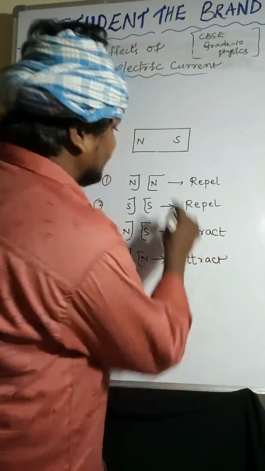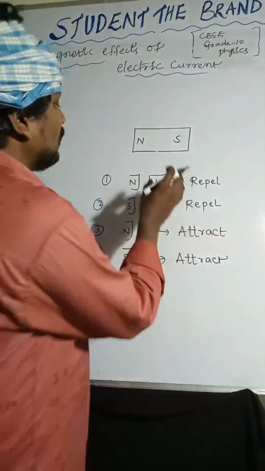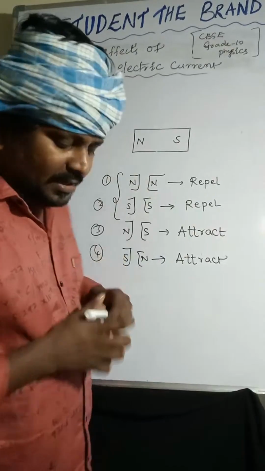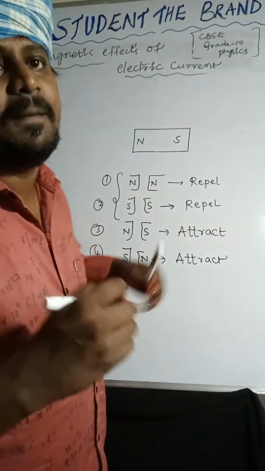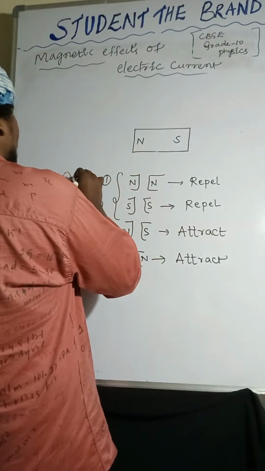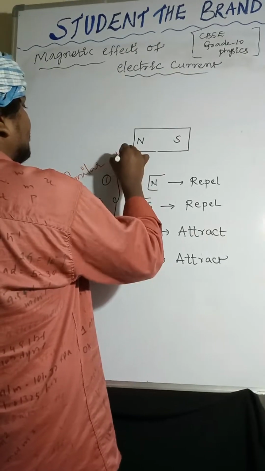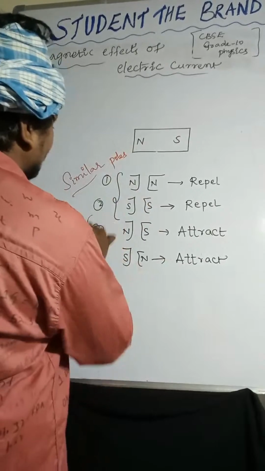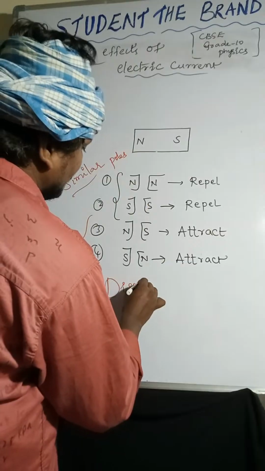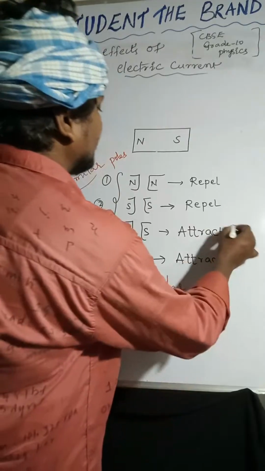We can understand by seeing this. Two similar poles will repel each other, whereas dissimilar poles will attract each other.